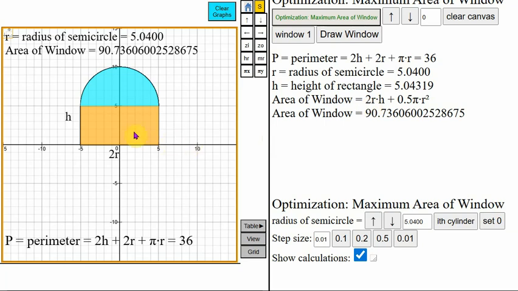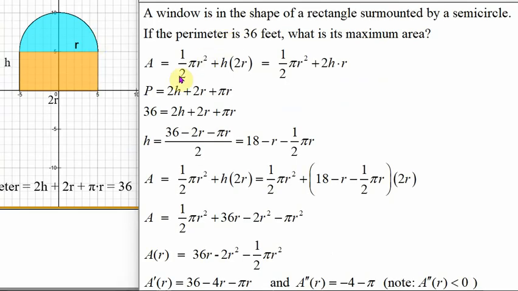So let's figure out what the exact dimensions are. Once again, the area is the area of the semicircle, which is 1/2 pi r squared, plus the area of the rectangle, which is h times 2r. So we get 1/2 pi r squared plus 2hr.